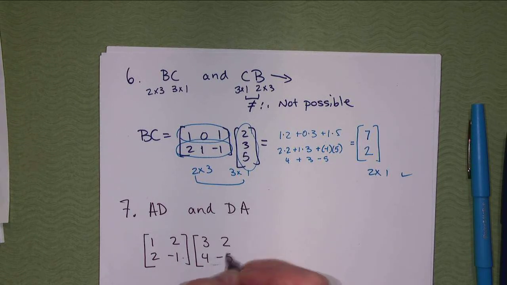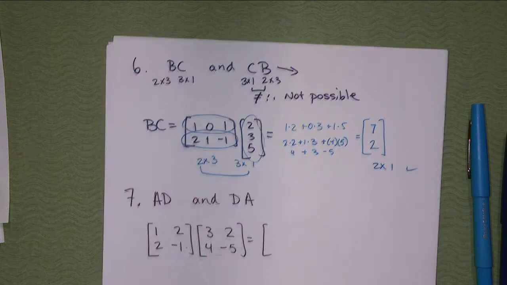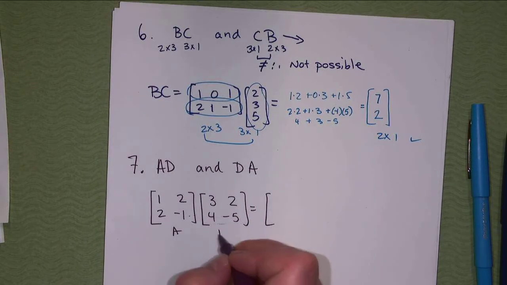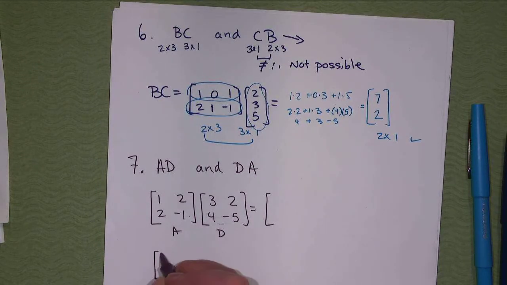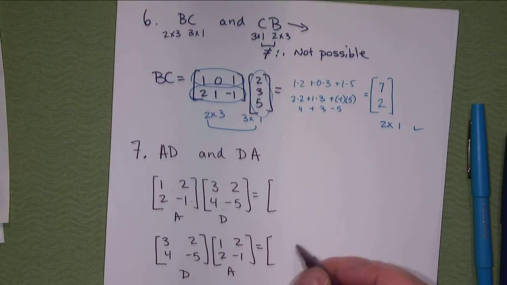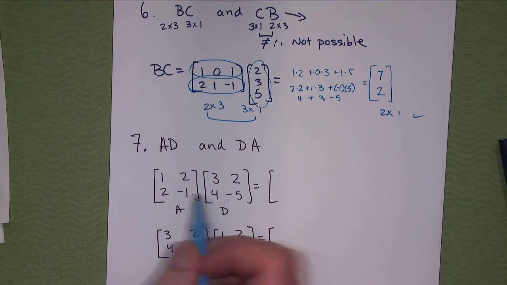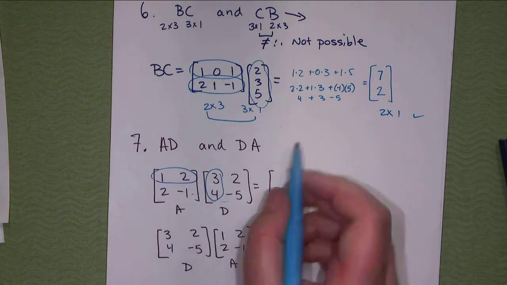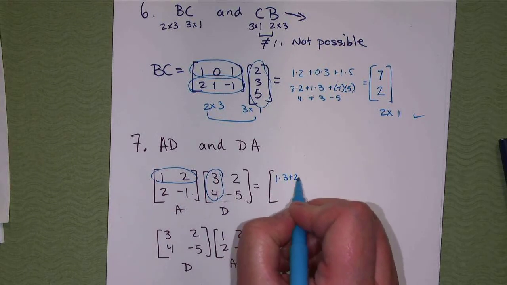This is A times D, and then we'll do D times A. So 1 times 3 plus 2 times 4. 1 times 2 plus 2 times minus 5.